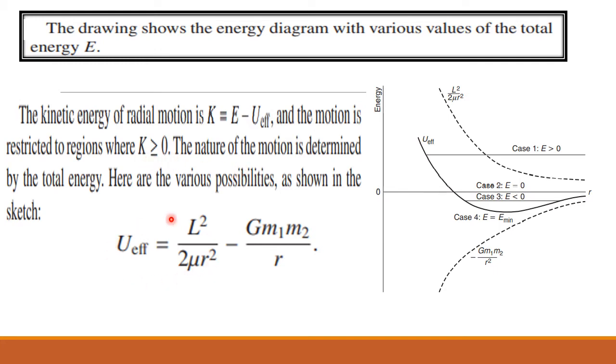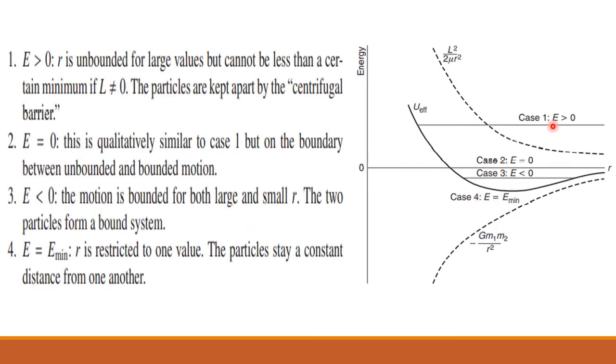So what are the different possibilities for these 4 values? In the first case, E greater than or equal to 0, we take the graph of U effective and the graph of E greater than 0. The difference between these two graphs gives the kinetic energy. When E is greater than 0, r is unbounded for large values.